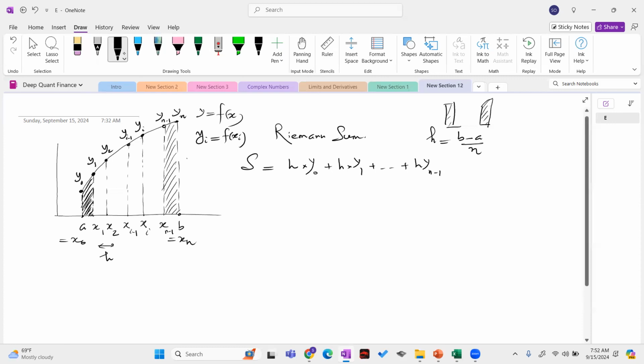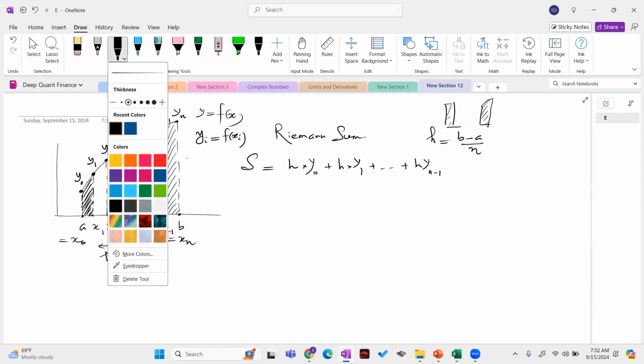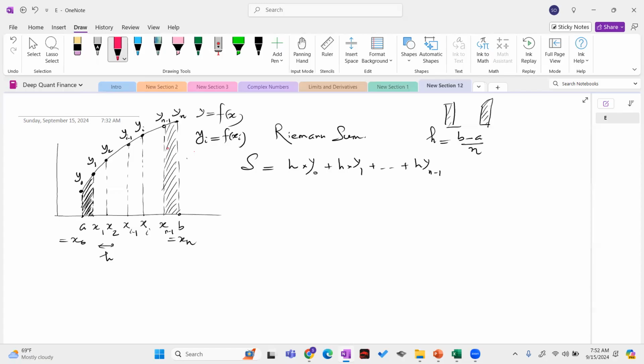Okay. Now, just so that you understand the fit, what we are trying essentially is we are taking this rectangle and then this rectangle. Okay.